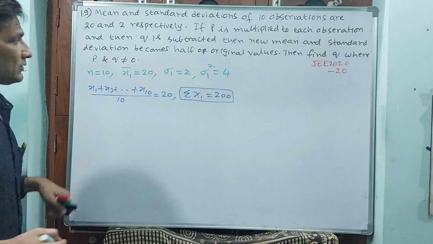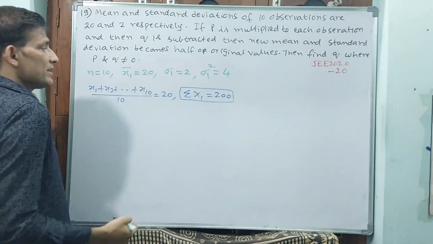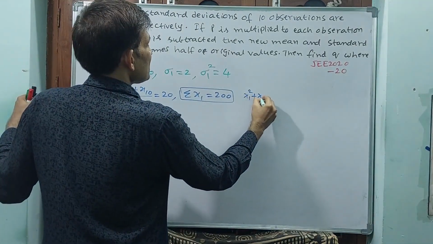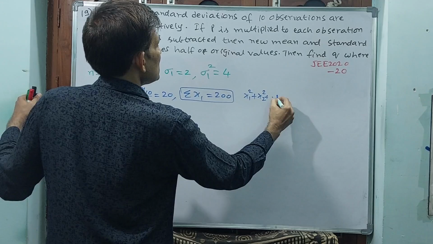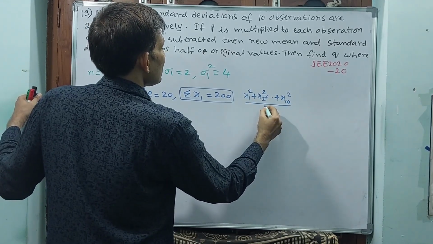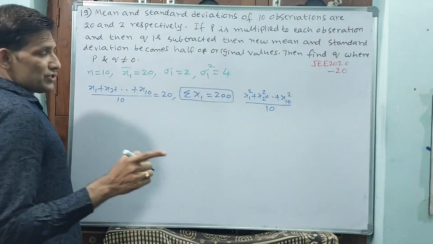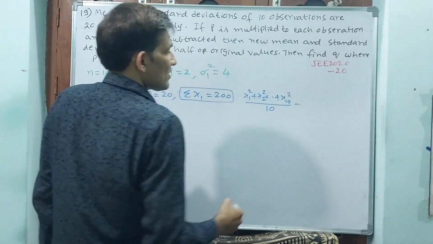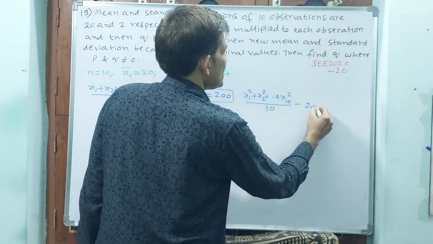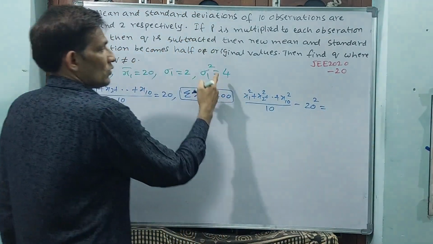Now go for variance also. You have given standard deviation, but I have taken variance. How are we going to get variance? x1 square plus x2 square plus up to x10 square, by n, that means 10, the number is not changing, minus 20 square is equal to 4.